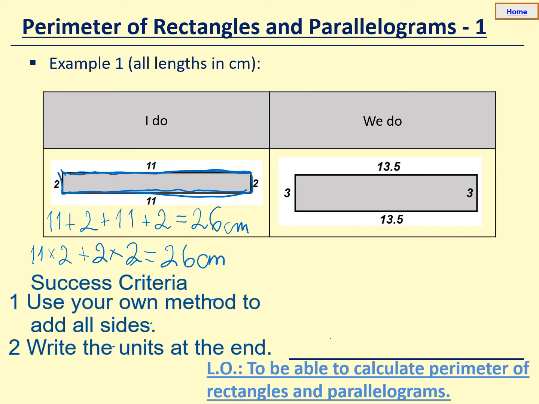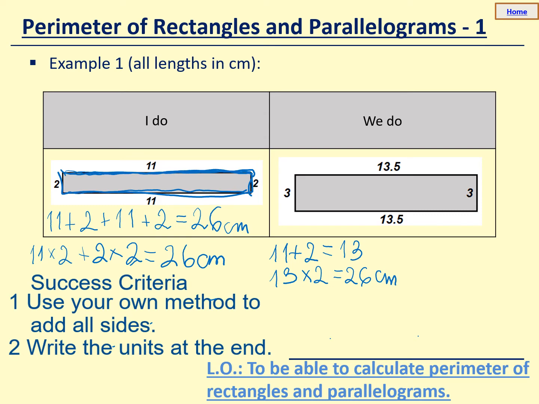And the third way of calculating perimeter of rectangle would be to add two sides first, so 11 plus 2, which is 13, and then double it, 26 centimeters.